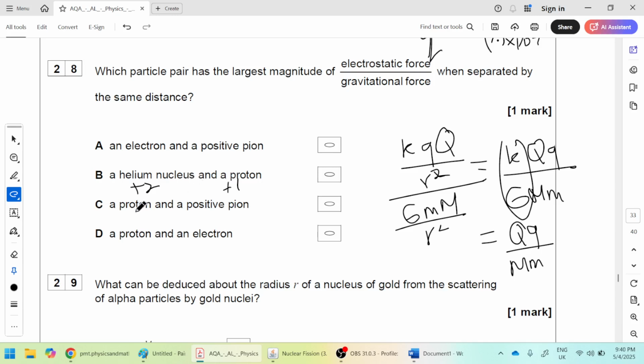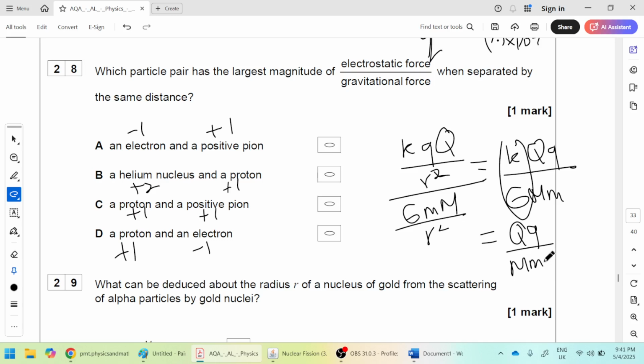I'm just putting the charges as -1, +1, +1, -1. Looking at the charges, this option B is going to be double. The numerator is going to be double.